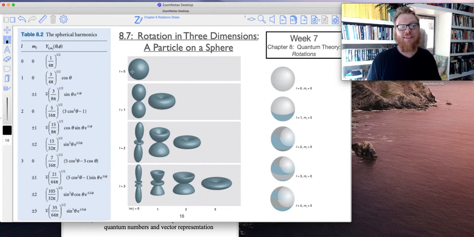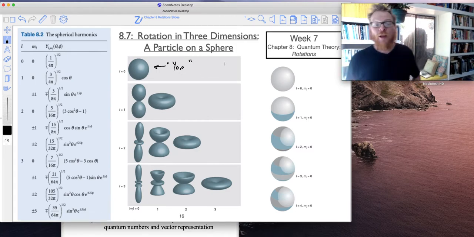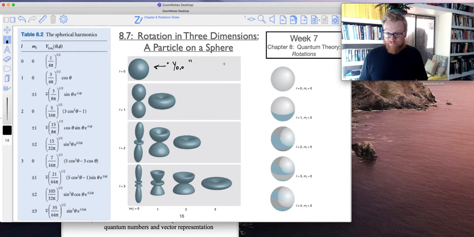And so what that means is I would call this solution here the y0,0, because L is 0 and ML is 0. Look, it's just a sphere, like an s orbital, right? Awesome, cool, because it is an s orbital, but you don't know that yet. We don't know that yet. We'll get there.